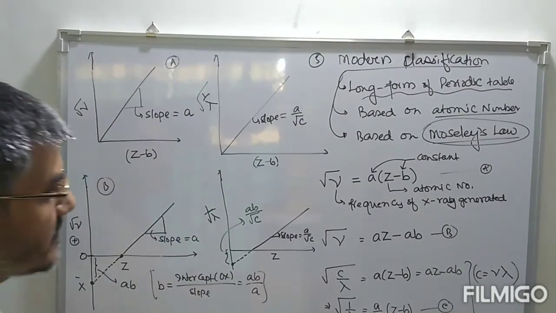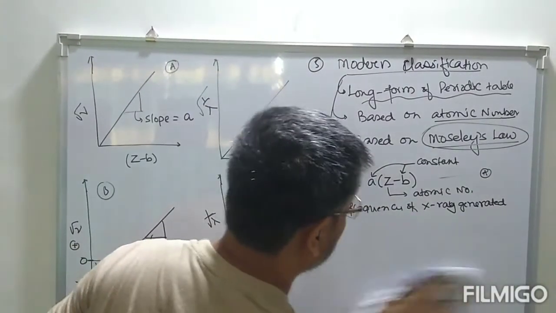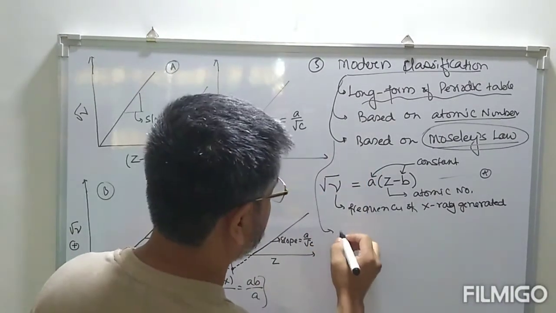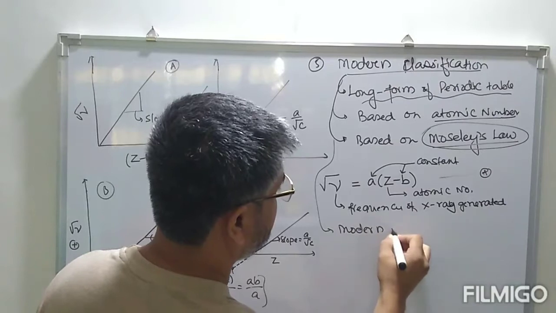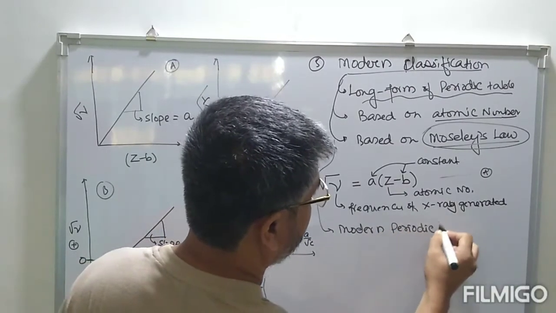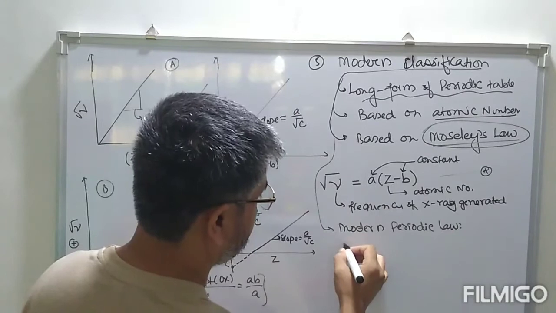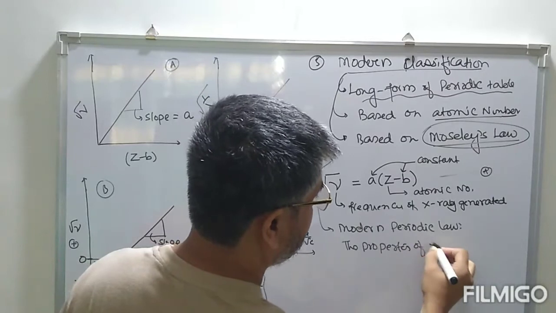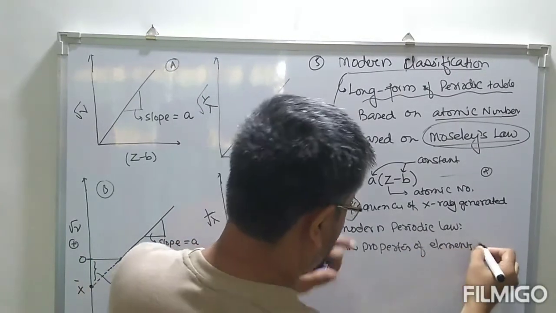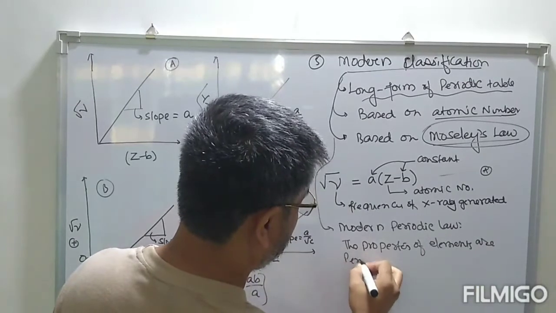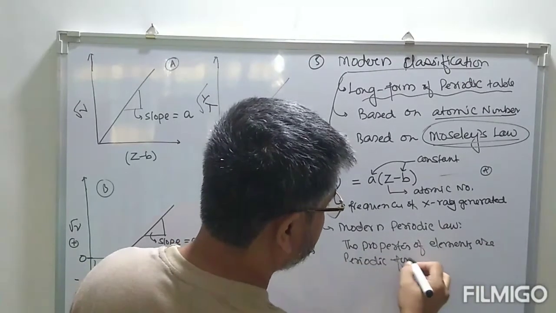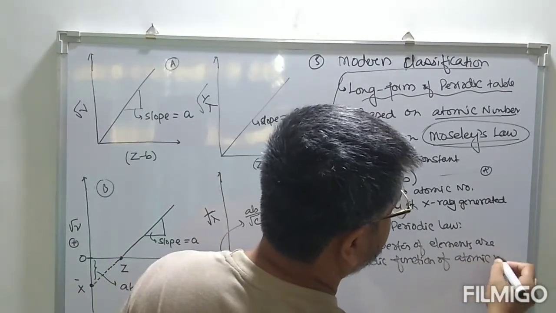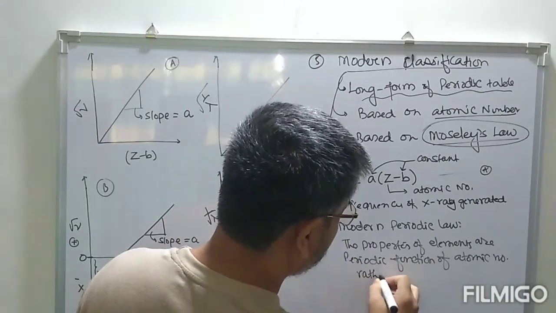So the modern periodic law says the properties of elements are a periodic function of atomic numbers rather than atomic mass.